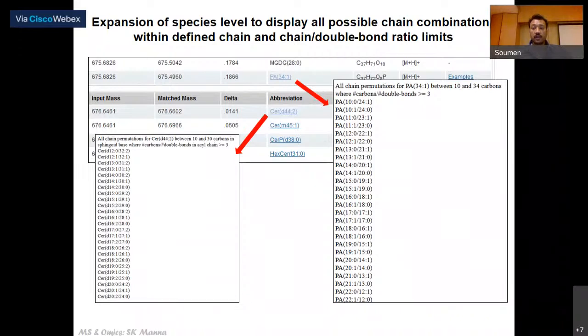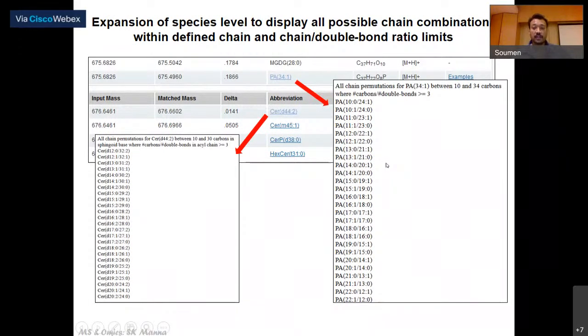So then, for example, here is a ceramide, and you can see this ceramide d44:2 can be these many different combinations.